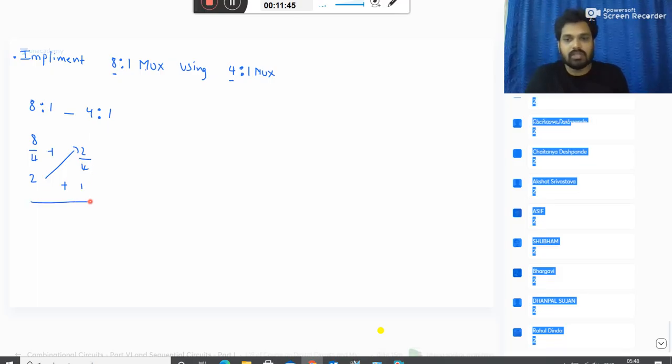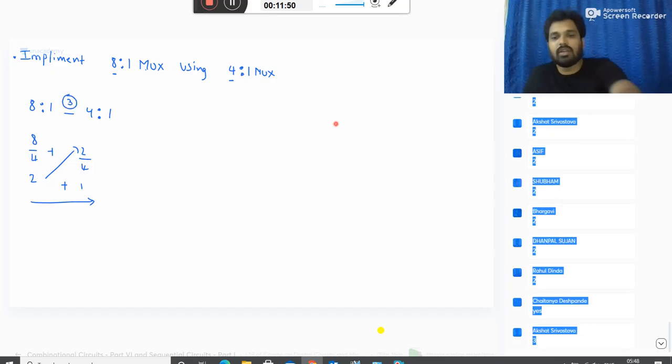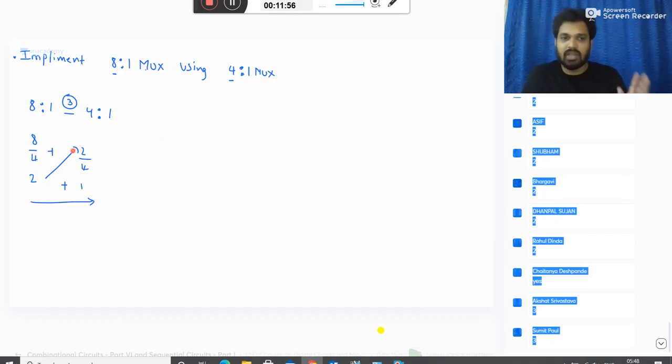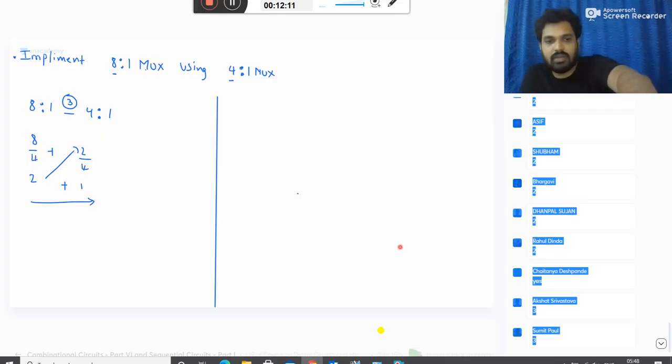So total multiplexers are 2 plus 1, 3. So 3 multiplexers are required here. But when it is not a proper one, there is one meaning for that. I will come back and explain that meaning. Don't worry. So let's make it in the fresh slide.